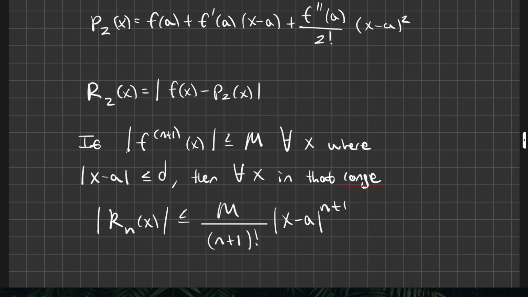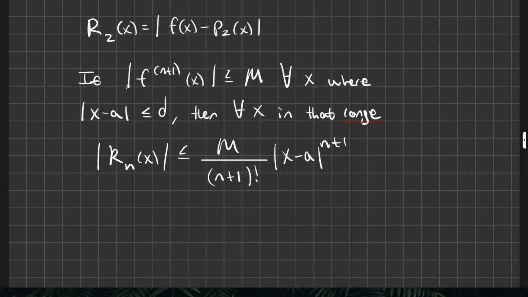Okay, so we're just going to apply this with n equals 2 since we're using the second degree Taylor polynomial. So we'll now just use this formula.